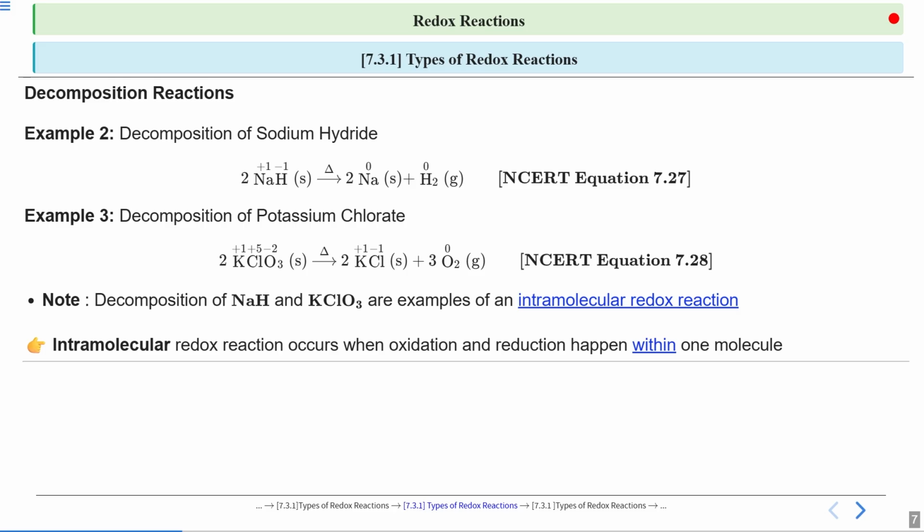This process involves a transfer of electrons within the molecule, leading to a change in the oxidation state of different atoms or groups. So this is all about intramolecular redox reaction. I hope this is clear to you.